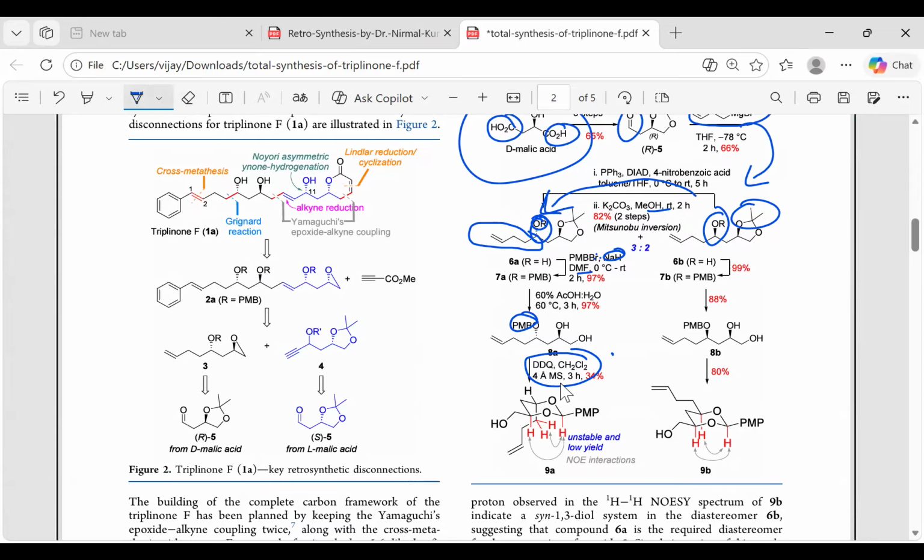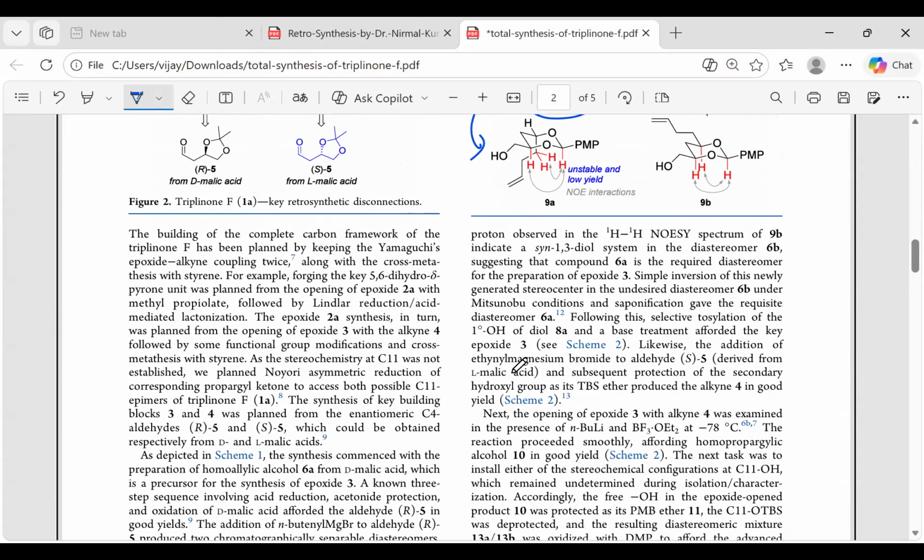I'm also not sure how the reaction mechanism goes from this one to this one, because this is not very trivial.